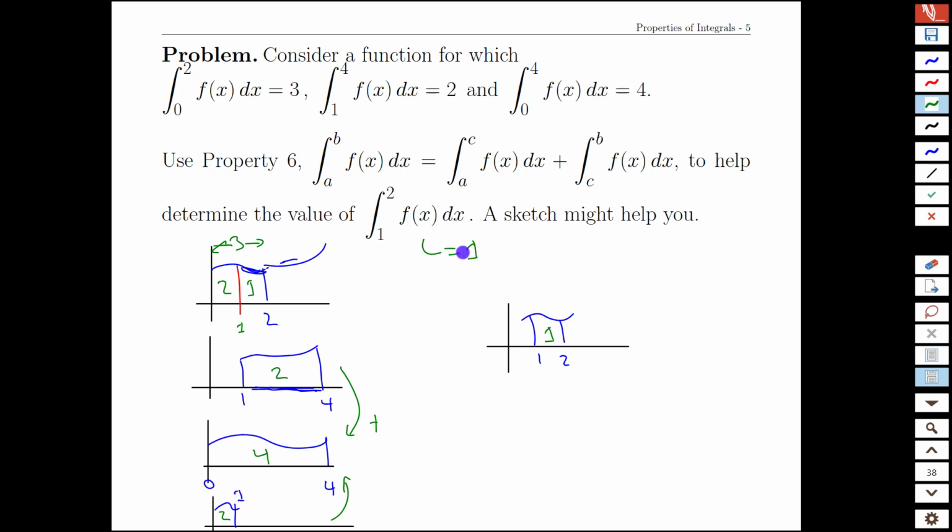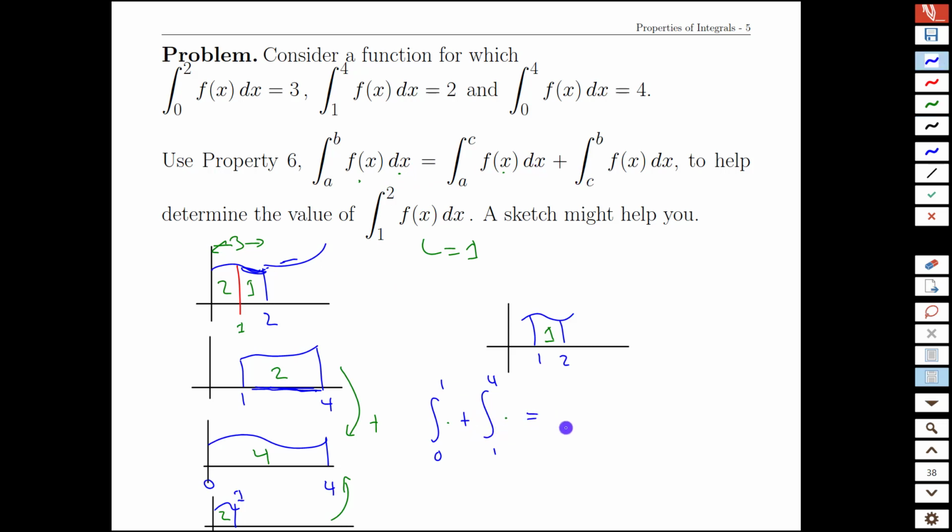Now, how can we be a little more precise about that? Well, if we just work through a bit of what we did earlier, then we can say the integral, let's do this in blue, the integral from 0 to 1 plus the integral from 1 to 4. And I'm going to skip the f of x dx here because that's common to all these terms. And I just want to focus on the limits here.